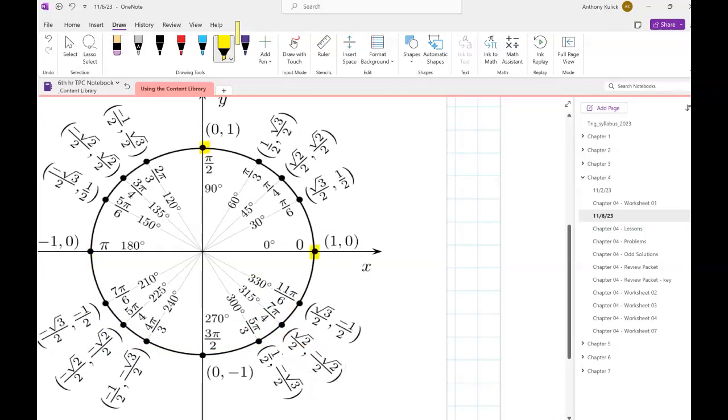So that's 1 over 2, 2 over 2, 3 over 2, 4 over 2, 5 over 2, 6 over 2, 7 over 2, 8 over 2, 9 over 2, 10 over 2, 11 over 2, 12 over 2, 13 over 2, to 14 over 2, to 15 over 2. So we're in quadrants 2 and 3. So far, so good.